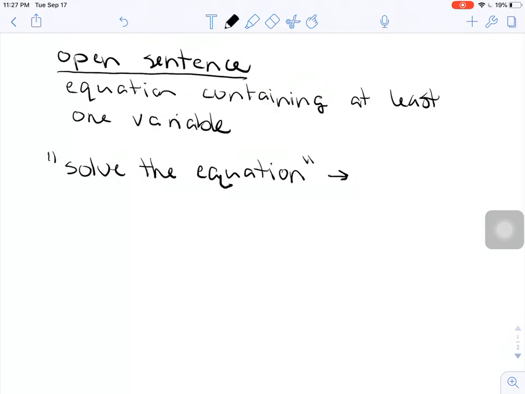So if somebody handed you an equation and says solve this equation, they're really asking you, what number should I replace the variable with to make this equation work?